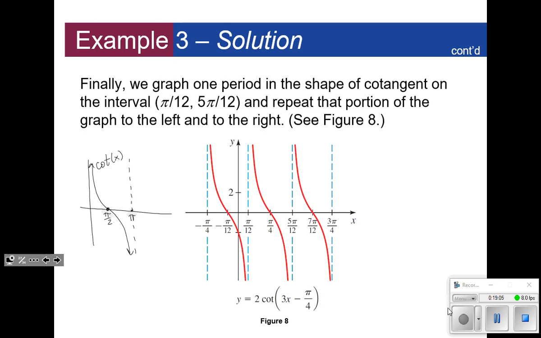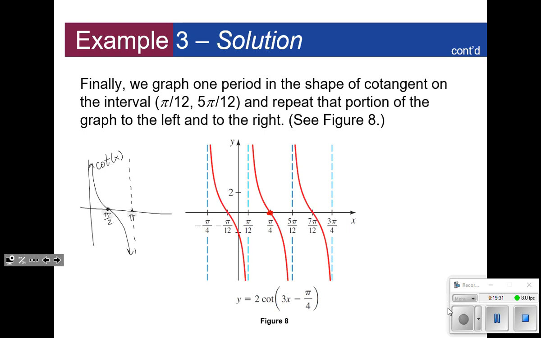Left tail up, right tail down. 0 is at pi over 2. Well, we squeezed the period to pi over 3. So we squeezed the whole period and then we shifted right. It looks a little funky, but that's why this, let me do it in red, is at pi over 4.